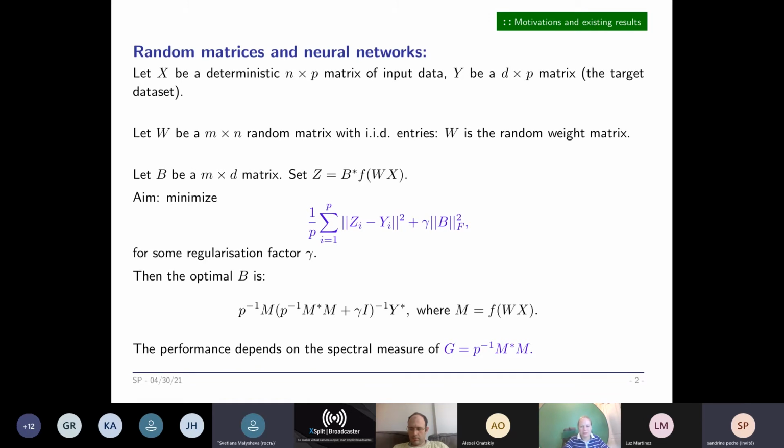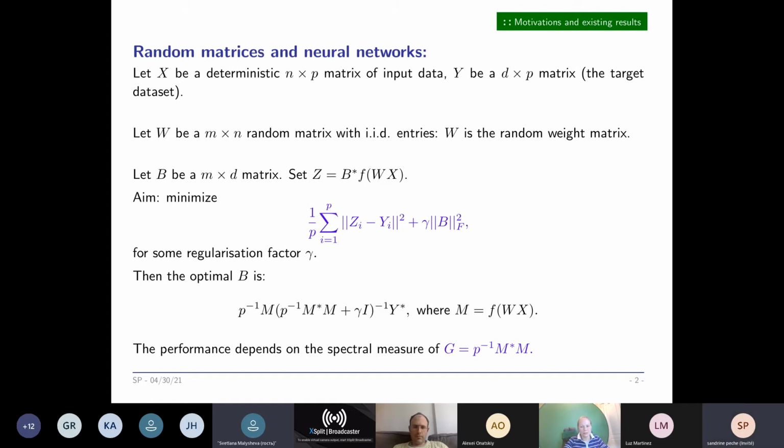And what is especially important for the sequel is that the error we make just using this linear interpolation depends on the spectral measure of the matrix G, which is a sample covariance matrix, and which is M star M divided by p. So this is a usual sample covariance matrix, except that it is a nonlinear ensemble.